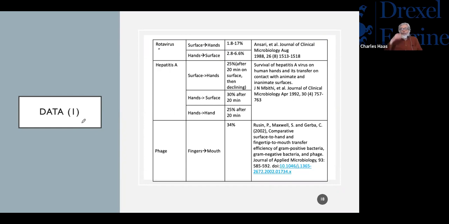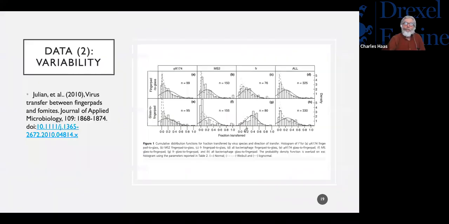Rusin et al., and this is one of the few data sets that measure transference from fingers to mouth, because recognize there are significant biosafety and human subject issues if you were to do the experiment with a known pathogen. They examined phage, and remember, phage are viruses that infect bacteria. About 34% transferred from fingers to mouth.